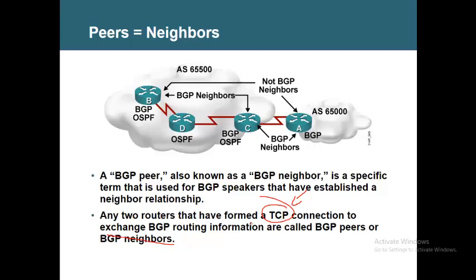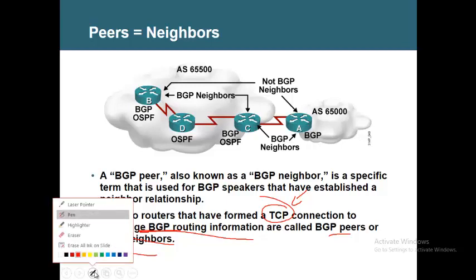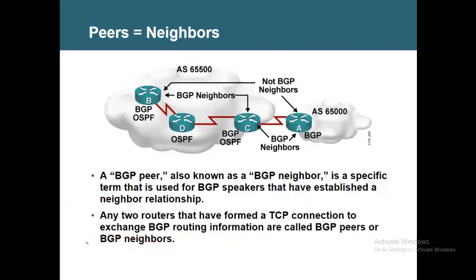Any two routers that have formed a TCP connection to exchange BGP routing information are called BGP peers or BGP neighbors. Very important is they need to have reachability so that a TCP connection can be established. When we say TCP connection, it means three-way handshake.